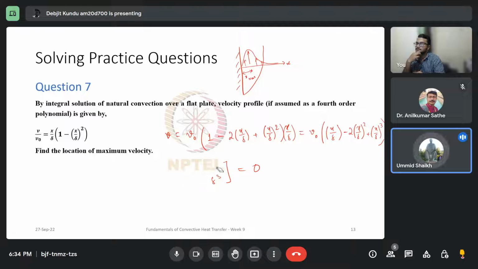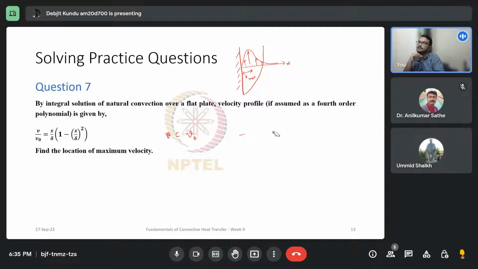Sir, in the problem, in the session videos, it is whole square. The whole square is taken. 1 minus x upon delta whole square was taken in the videos. If this problem is different, then we can solve it differently. In the videos, that term was taken as 1 minus x by delta the whole square, and the problem was solved.